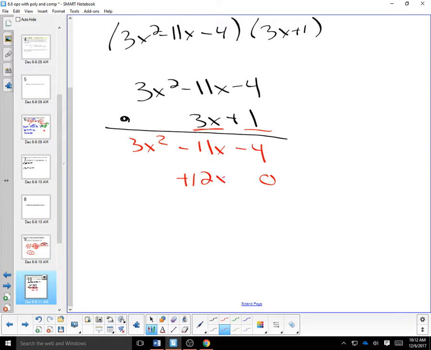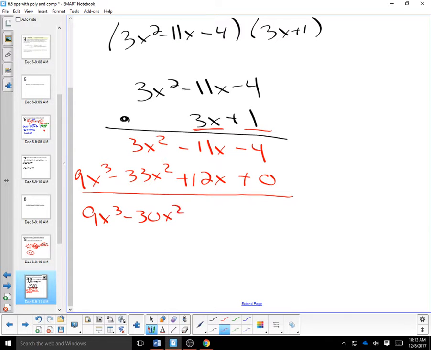Negative 12x. That should be a plus 0. And then 3x times negative 11x? Negative 33x squared. And then 3x times 3x squared? 9x cubed. Now we can add them all up. So we've got 9x cubed minus 30x squared plus x minus 4.